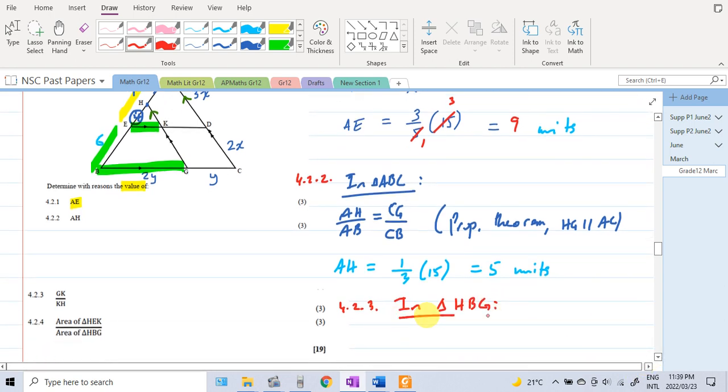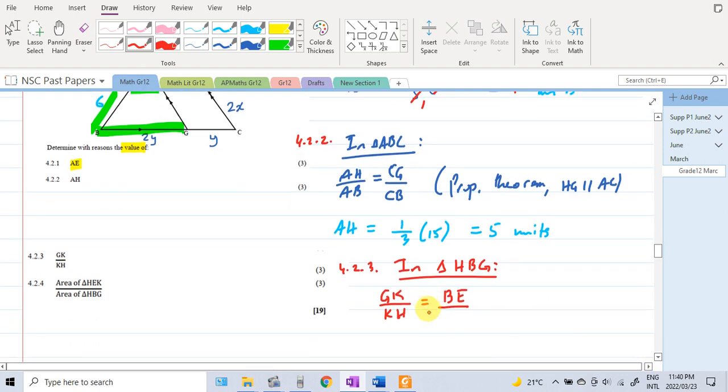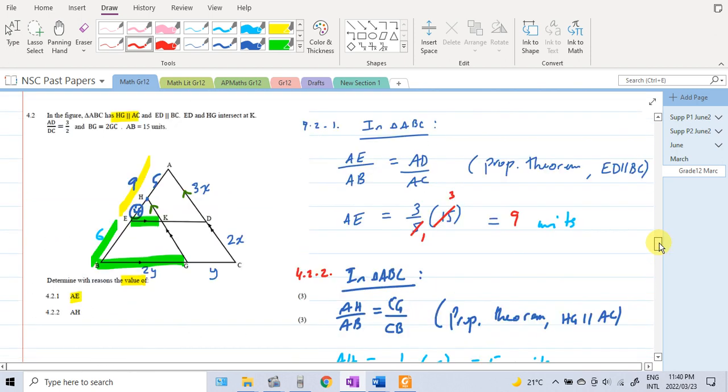Right, so we're saying GK to KH is equal to BE to EH. And that's also the proportionality theorem, because EK is parallel to BG.